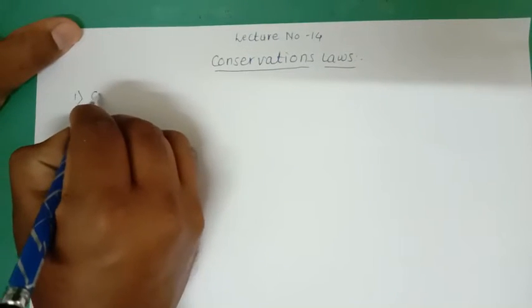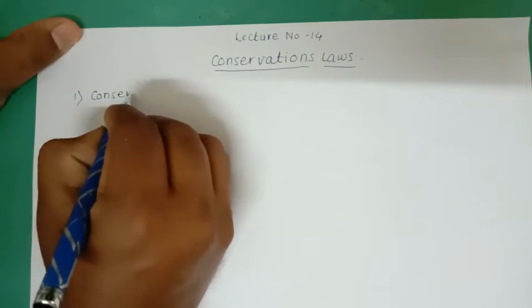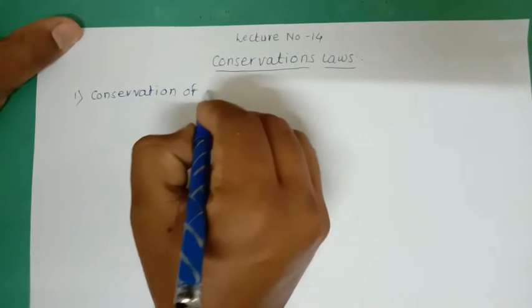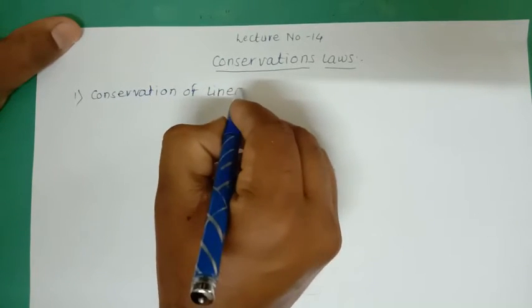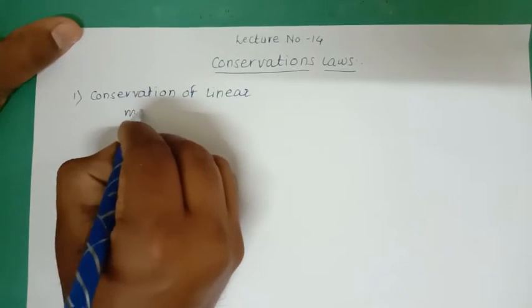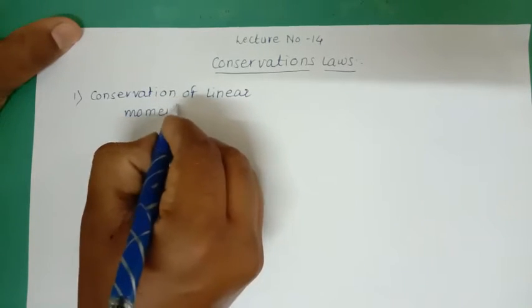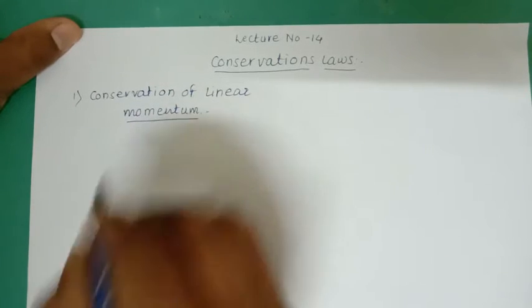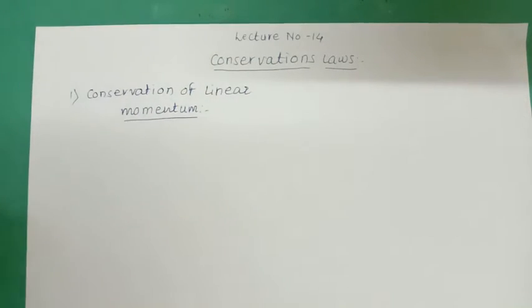So what is linear momentum basically? Before going into the details of how the conservation of linear momentum is obeyed when we study Newton's laws of motion, what is the meaning of momentum? In Newton's second law of motion we study what momentum is.